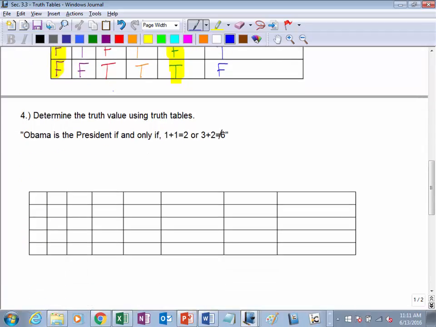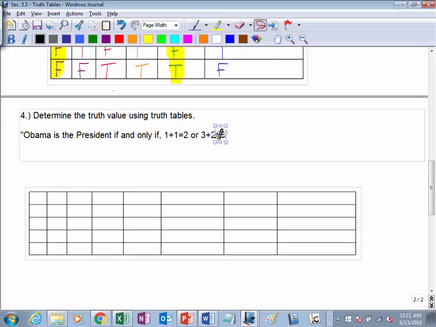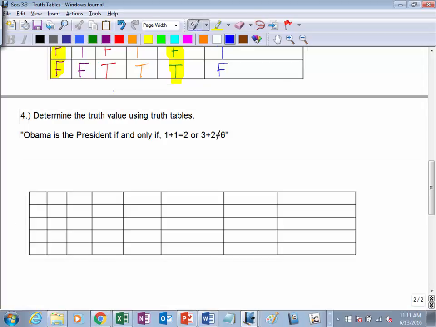All right. So number 4, determine the truth value using truth tables. Okay, Obama is the president if and only if 1 + 1 = 2 or 3 + 2 is not equal to 6. So let's give each statement a letter. Statement P is Obama is the president.